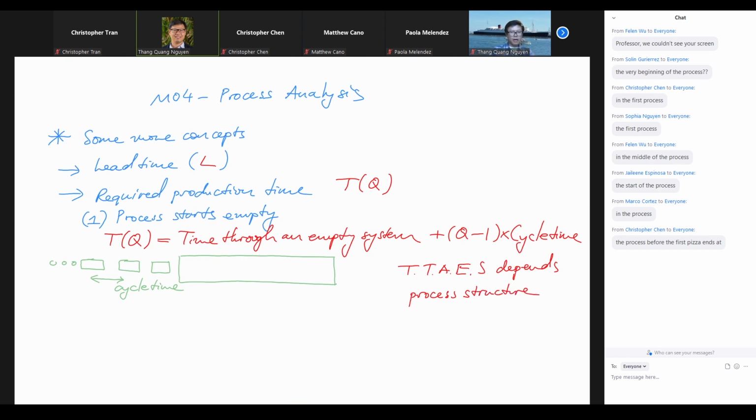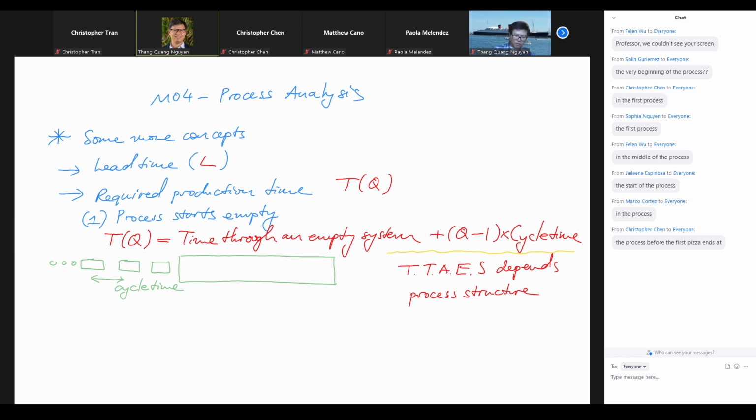You calculate how long it goes through the first section, the second section, the third, and then add everything up. Then we have the time through an empty system. So this is a side note.